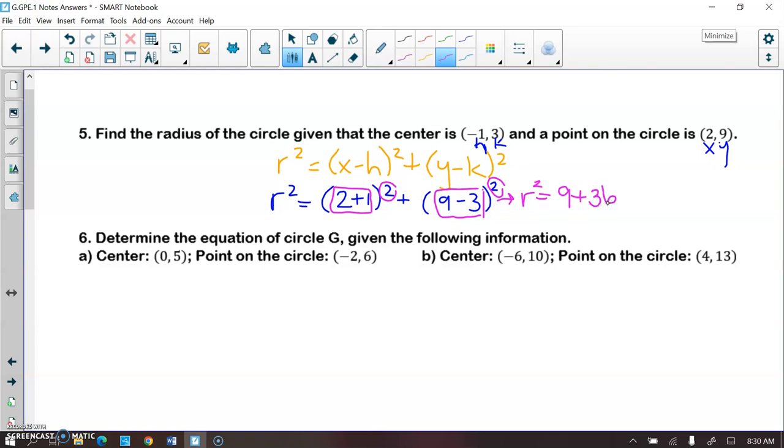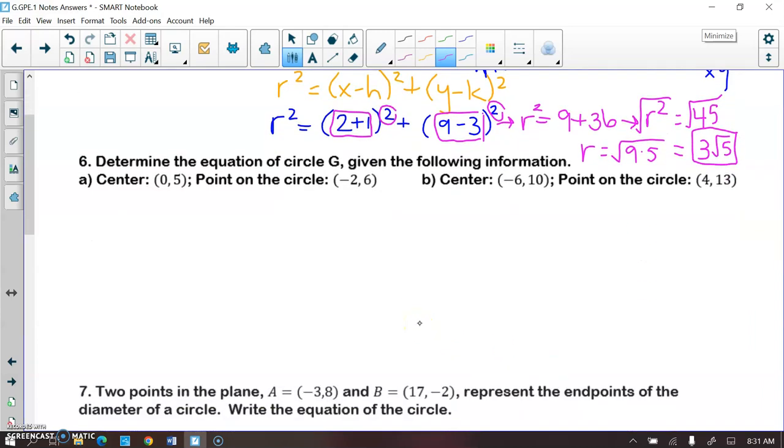So then I just do 36 plus 9, which gives me that r squared is equal to 45. And then taking the square root of both sides, I would get r is equal to, let's do simplest radical form. This can be split up into 9 times 5, which gives me that r is 3 root 5. That's my radius.